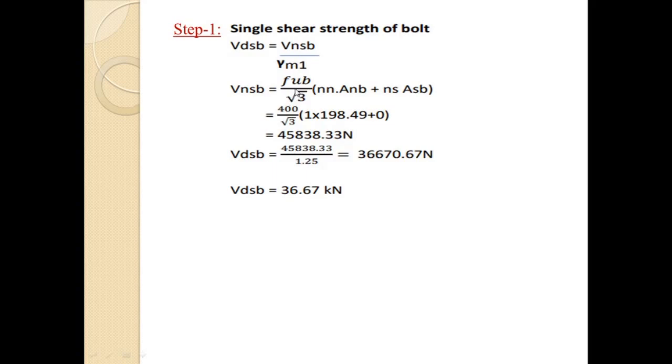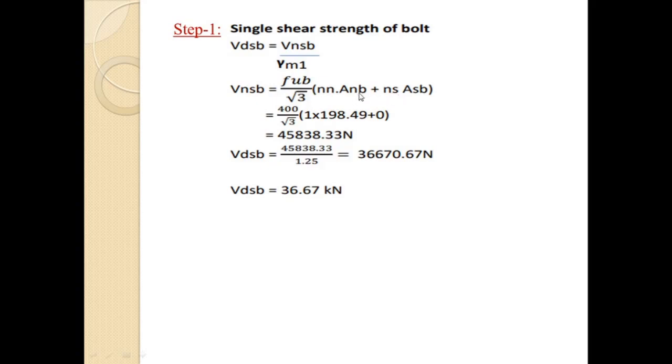We can calculate it by the formula FUB upon root 3 in bracket NN ANB plus NS into ASB, where FUB is the ultimate strength of bolt, which is 400, divided by root 3. This NN indicates the number of shear planes with threads intercepting the shear plane. And this NS indicates the number of shear planes without threads intercepting the shear plane.